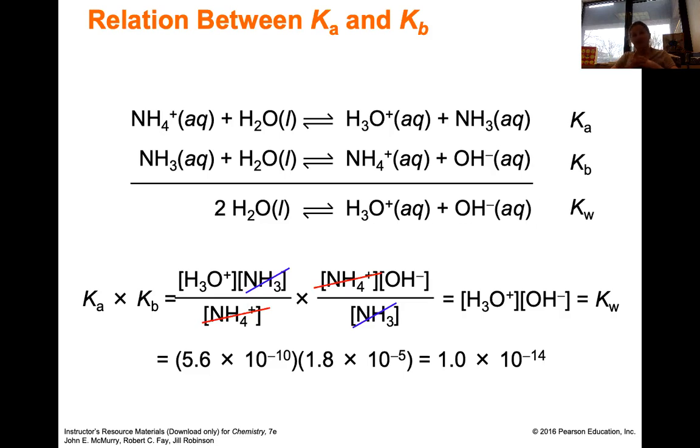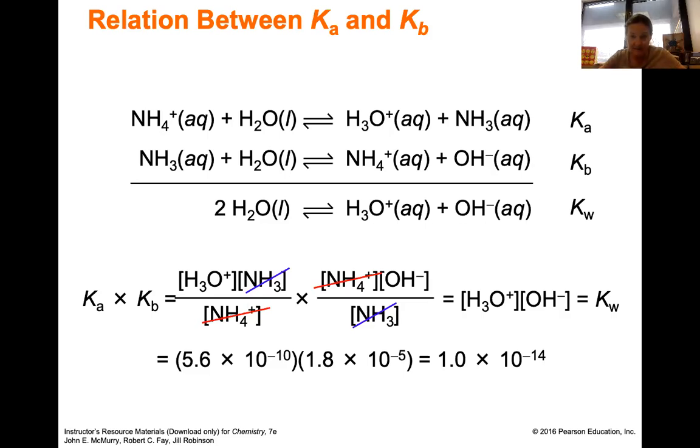And ammonium is the conjugate acid of ammonia in the second reaction. If you add those two together, you get just the equilibrium of water. If you add those two reactions happening together, then the NH3 cancels from both sides, and then NH4+ cancels from both sides.